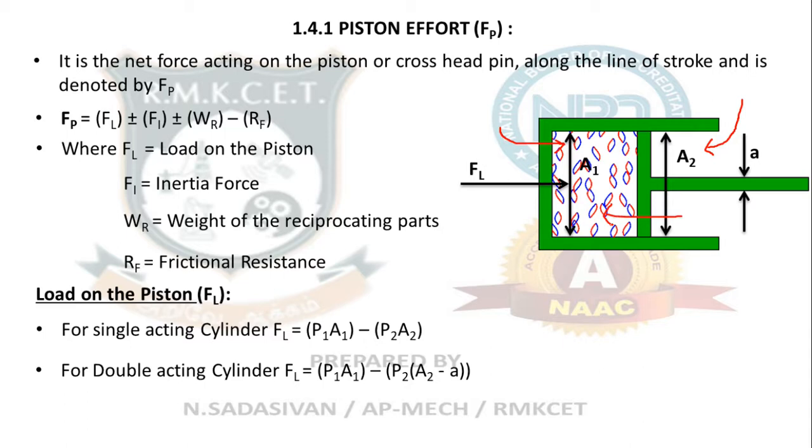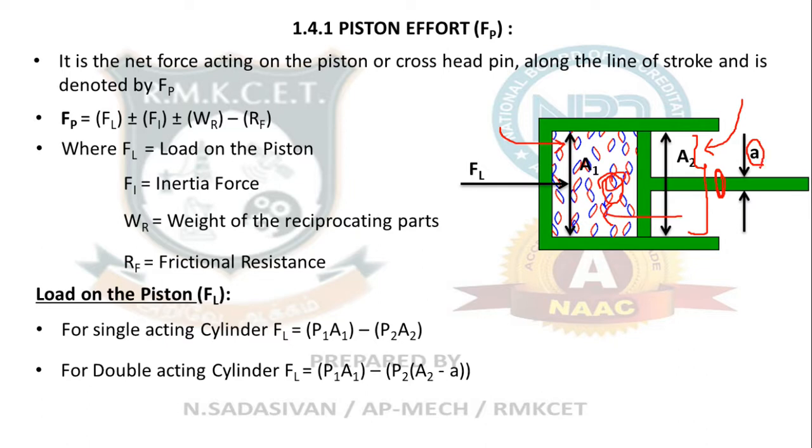In such cases, the effective cross sectional area available for the steam to act on the lower side of the piston is lesser compared to this side because you have a connecting rod in the middle. Now let us say this small a is the area of the connecting rod.